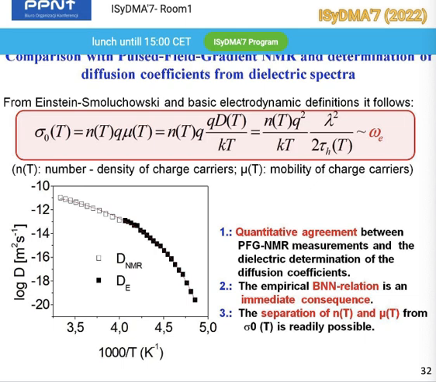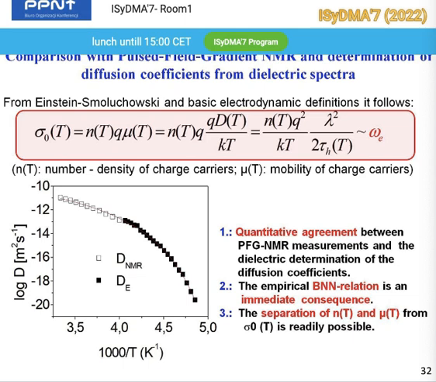So you have here a product. But if you combine this with NMR measurements, then for the identical sample you measure on the one hand the conductivity with dielectric techniques, and with NMR you measure the diffusion coefficient, and then you have a chance to determine separately the number density of charge carriers and their temperature dependence.